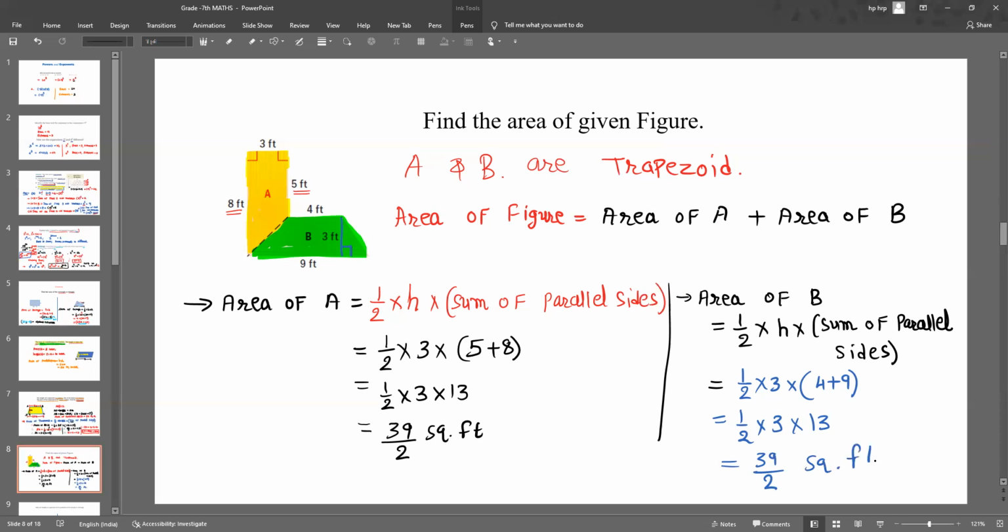Now we find the total area. Total area of figure is area of A, that is 39 by 2, plus B, also 39 by 2.